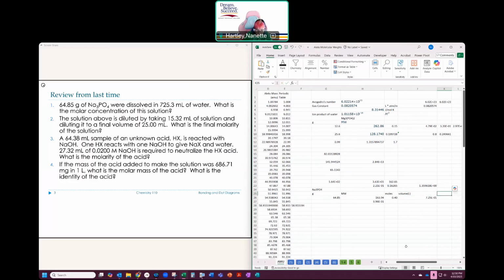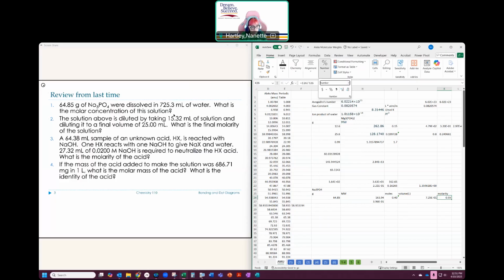And so then if I wanted my molarity, that's going to be equal to the number of moles divided by that volume in liters. And so that gives me this number, which is right here, as long as it's in the number format, and that's 0.55 moles per liter. So that's the answer that I would report there: 0.55 moles per liter.